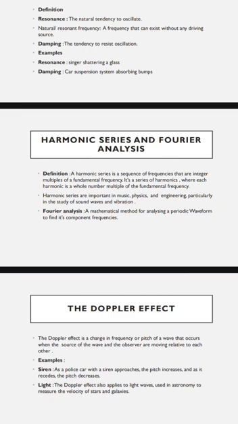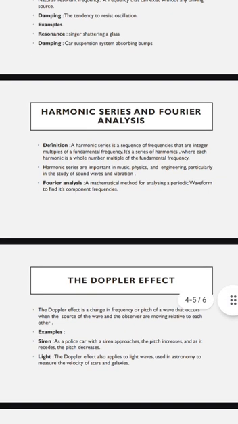For example, musical instruments produce sounds composed of multiple harmonics. And Fourier analysis is a mathematical method for analysis of a periodic waveform to find its component frequencies.